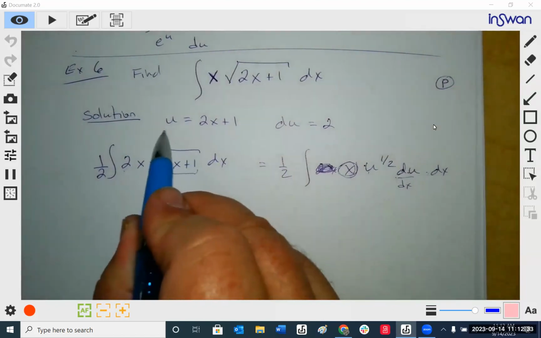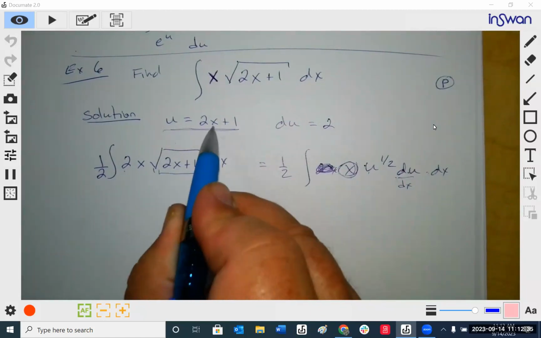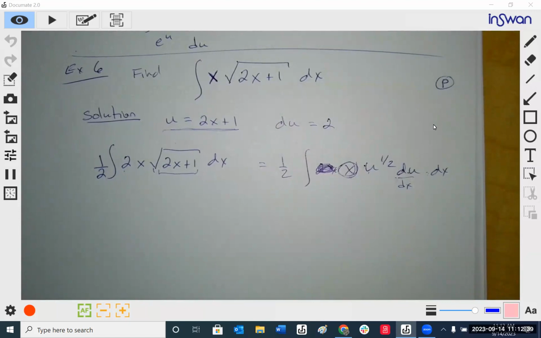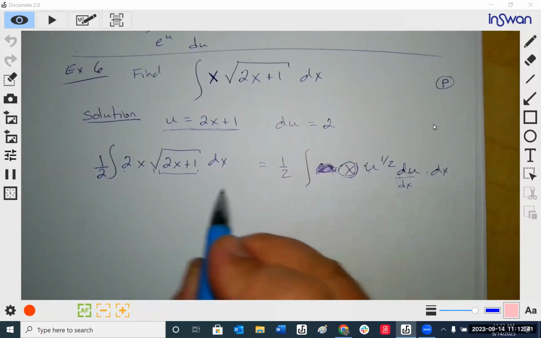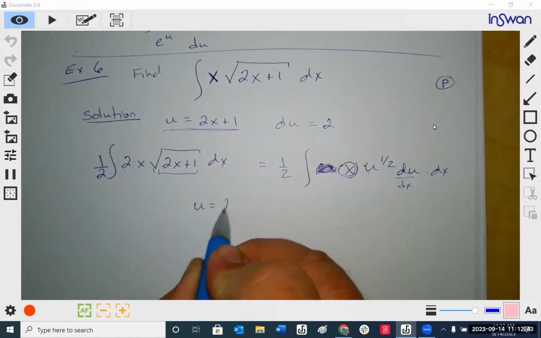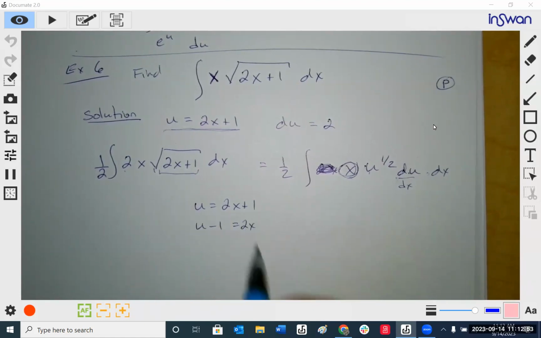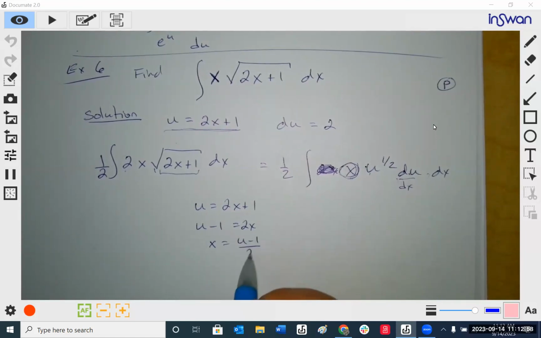We have to take this equation and solve for x, put x in terms of u. So we know u equals 2x plus 1. So solve for x. We get u minus 1 equals 2x, so x is equal to u minus 1 divided by 2.